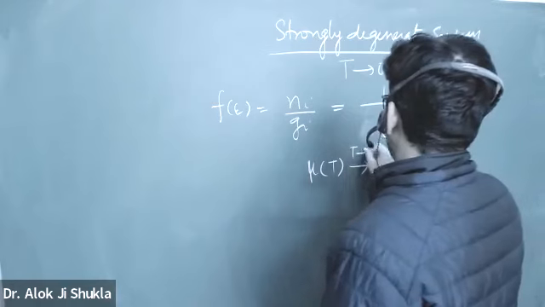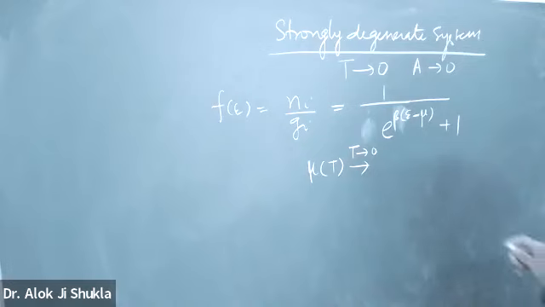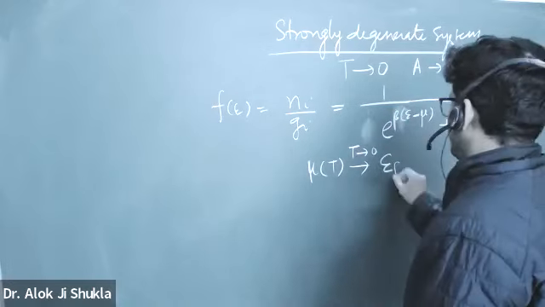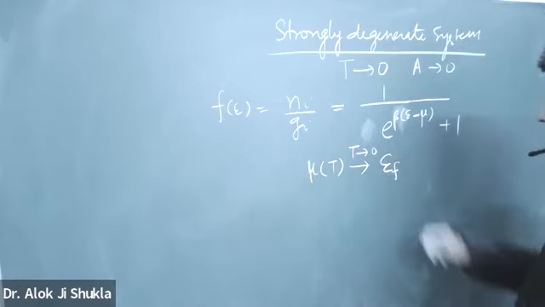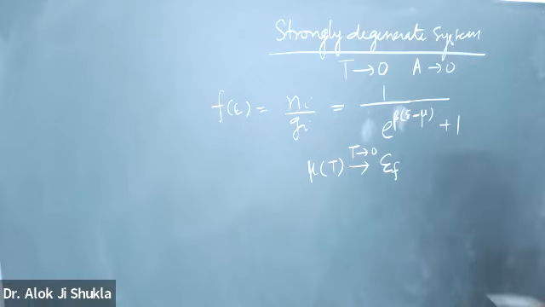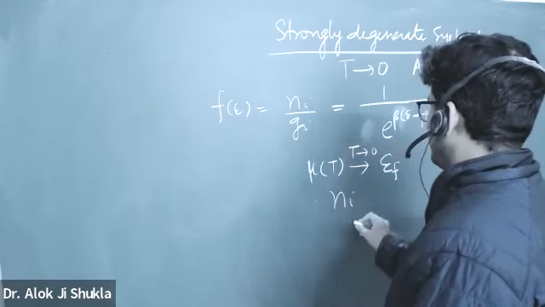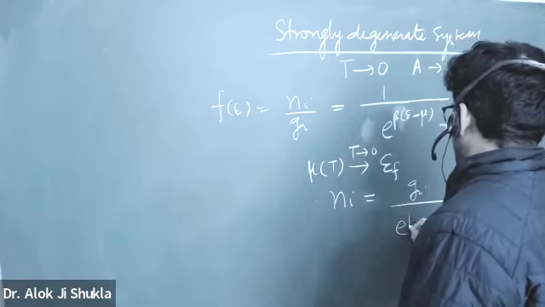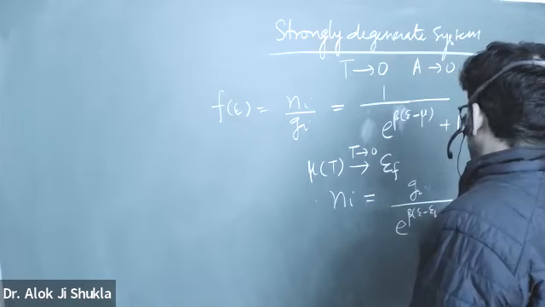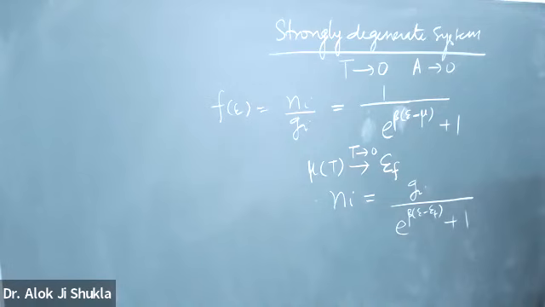But when temperature is very low, we can just write it as some energy that is called Fermi energy. So this will only happen when temperature is very, very small. So you can take mu as EF and your formula will become Ni is equal to Gi by e to the power beta (E minus EF) plus 1. This will be the formula.